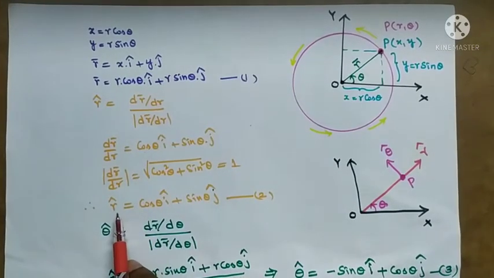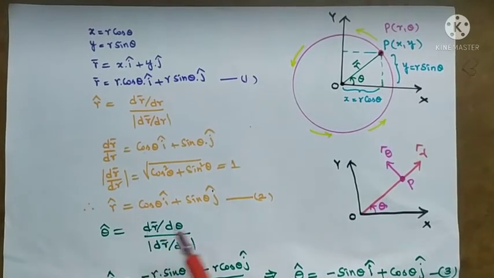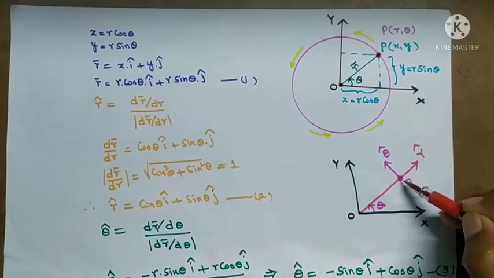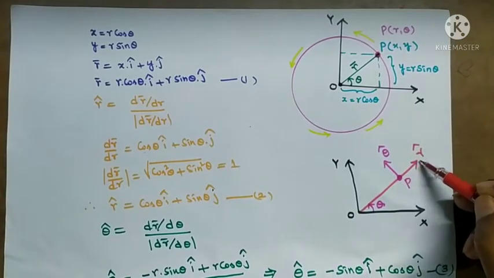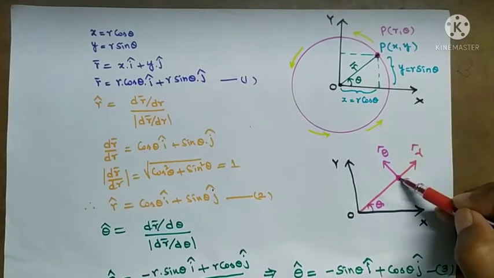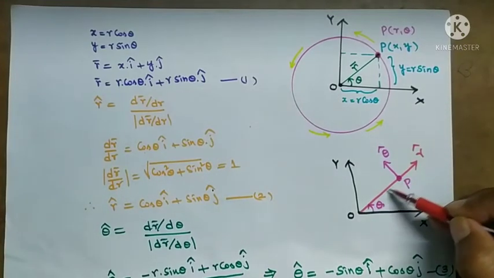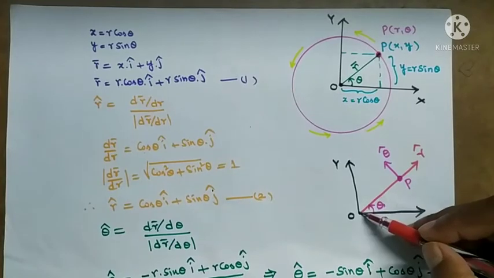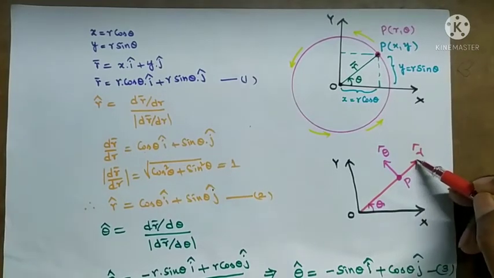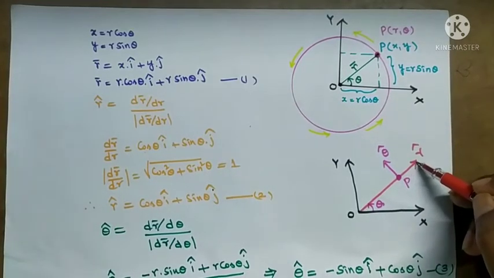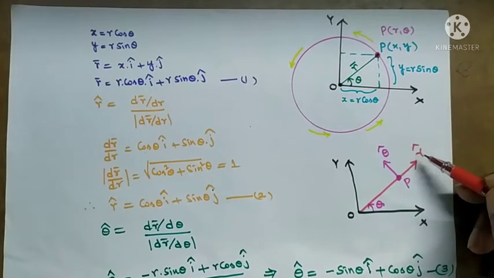This is the unit vector which gives the direction of the position or radial component. The direction of this unit vector will be in this direction. This is the position of the particle, and the radial vector acts in the same direction, that is from the origin away from the position of the particle. That is the unit vector of r.